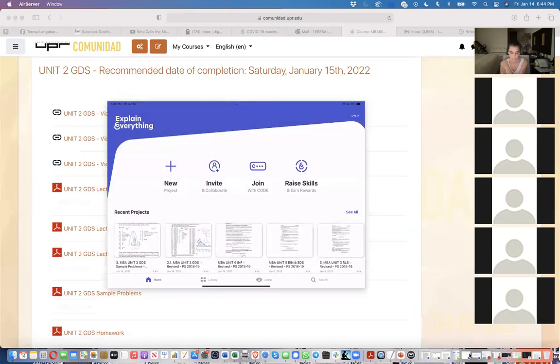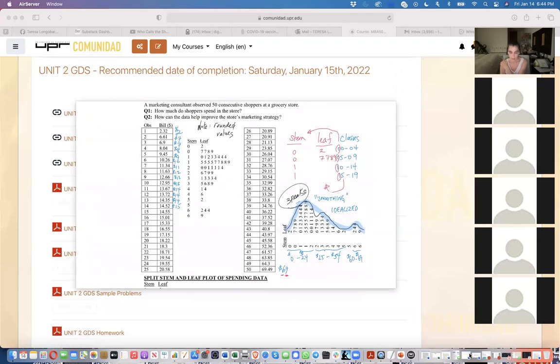So let's see. We've decided then we're going to stick with 3. So we're going to make the drawing, and this is called, to say specifically, a split stem and leaf plot.